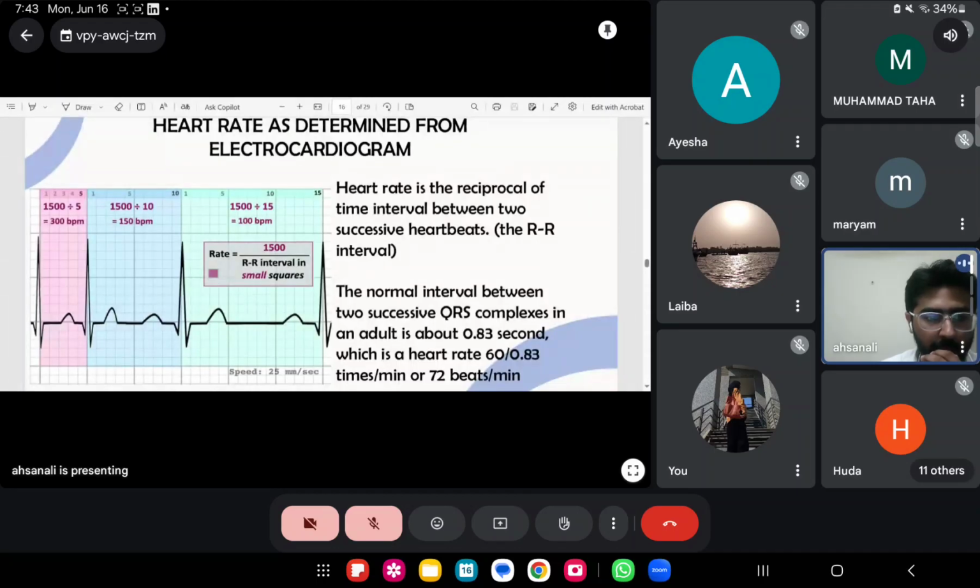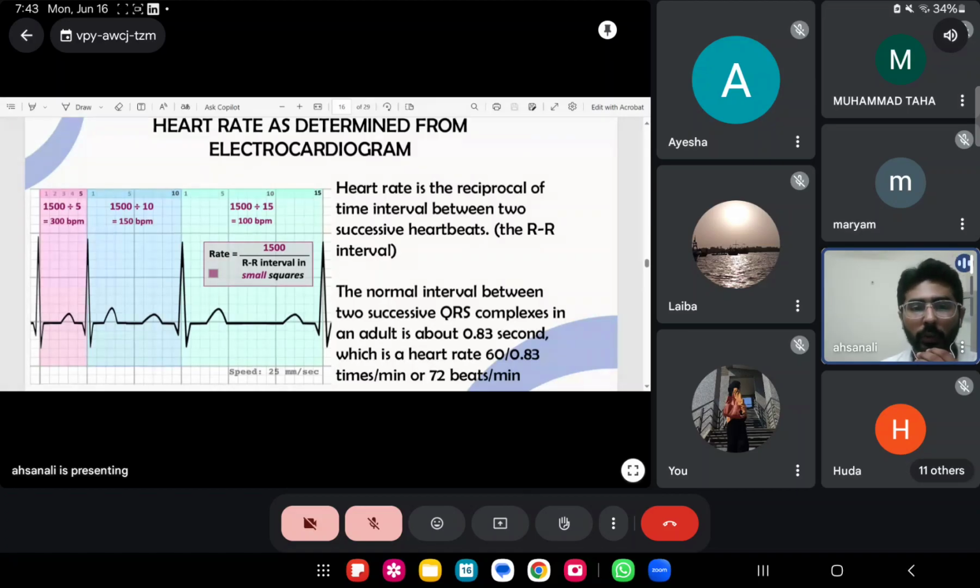If a QRS complex falls on one large box, and the next one falls on the first large box too, then the heart rate is going to be 300. But if it falls on the second large box, it is going to be 150.